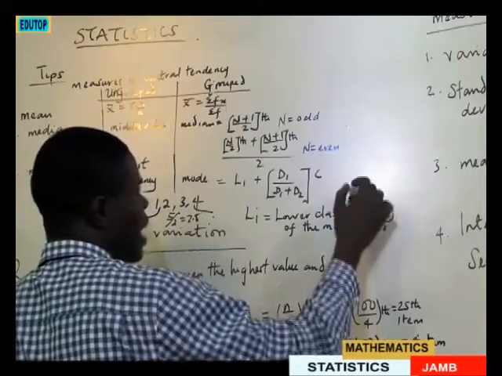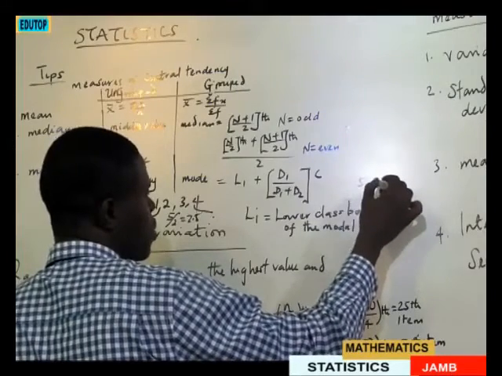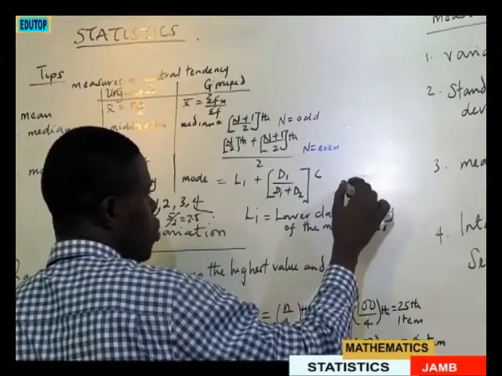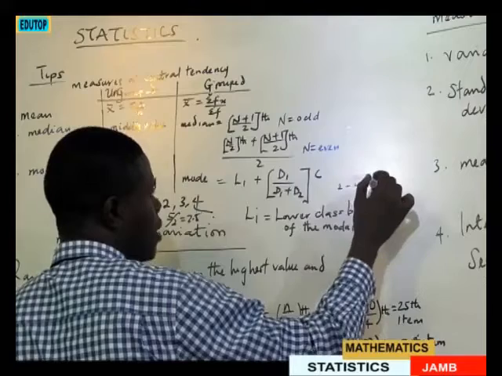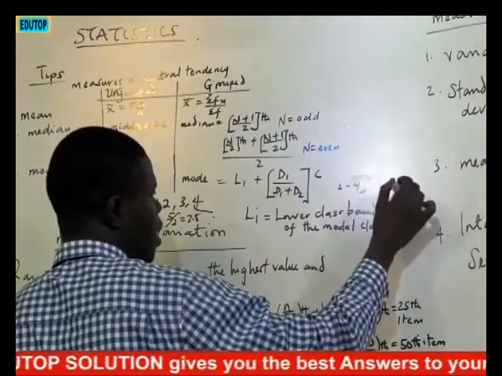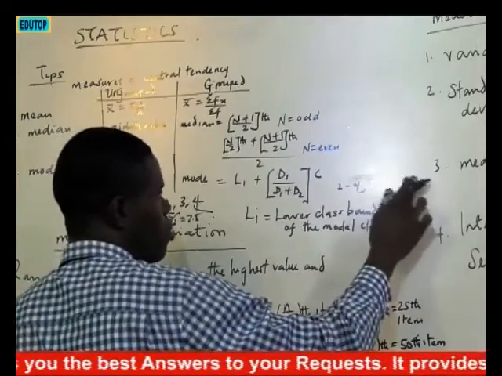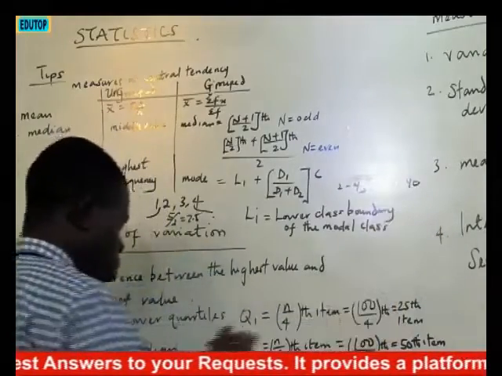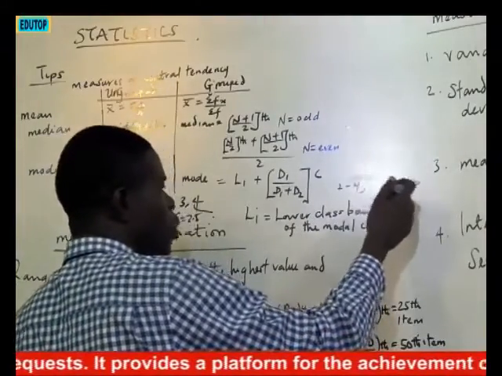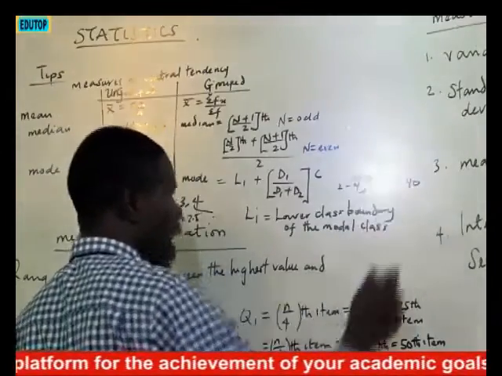Let's say our classes are 2 to 4, this is the first one, 5 to 7, the second one, and 8 to 10. We go to the class intervals and trace the one that has the highest frequency. That will definitely be our modal class. Take note of that.